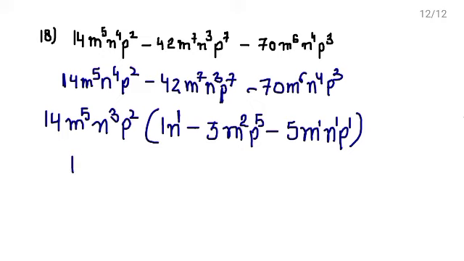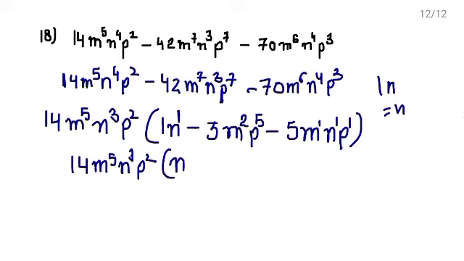So what do you have now? 14 m raised to the power 5, n raised to the power 3, p square, inside the bracket 1. No need to write because 1n is also equals to n, right? So n power is 1, it means you don't need to write power 1 because n raised to the power 1 is also equals to n, right?